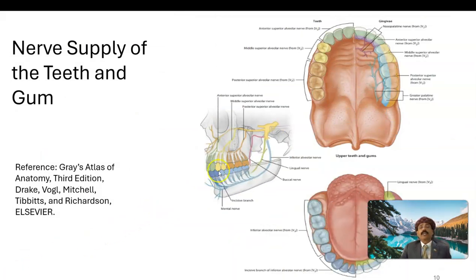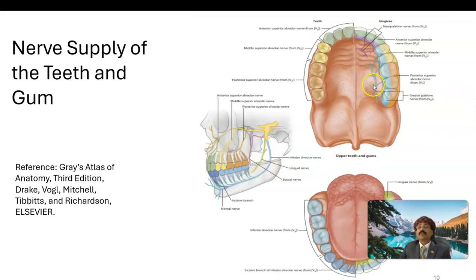Okay, so again the maxillary nerve supplies the upper teeth via the posterior superior alveolar nerve, middle superior alveolar nerve, and the anterior superior alveolar nerve. From the mandibular division, we have the lingual nerve and the inferior alveolar nerve.